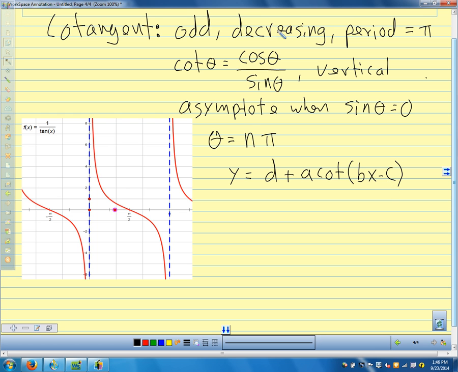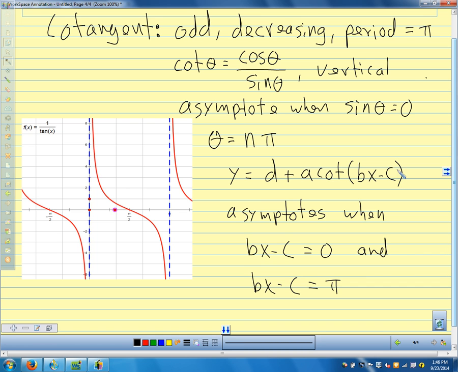The only difference is that cotangent is decreasing, and our asymptotes are when bx minus c equals 0, so we're going to get 2 successive asymptotes, and bx minus c equals pi, because our unshifted cotangent function has an asymptote at 0 and pi. We set bx minus c equal to 0, bx minus c equal to pi to find 2 successive asymptotes for our shifted function.